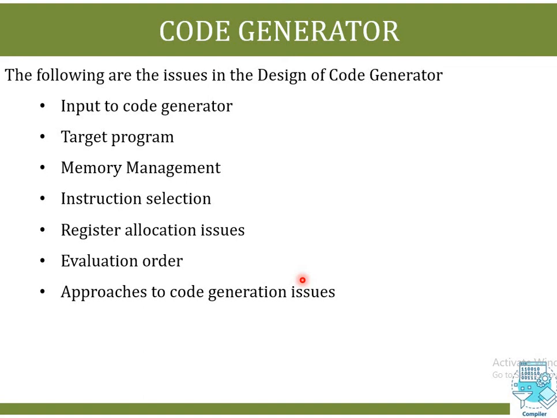The second issue is the target program. The code generator generates an output, and that output is what we call the target program. There are three types of target programs: absolute machine language, relocatable machine language, and assembly language.